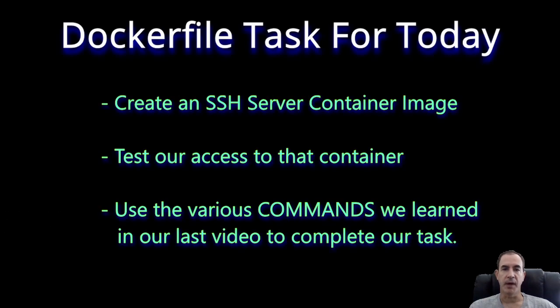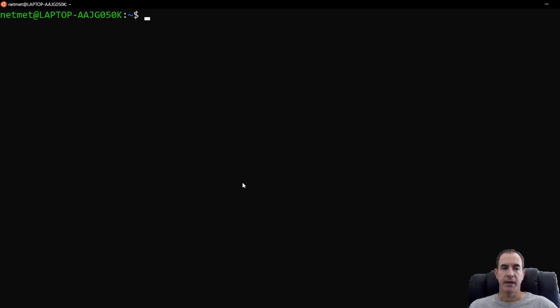So to improve upon that, in this video, we're going to create that container from a base Ubuntu image and put everything we need in it so that every single time that container is instantiated, we have everything we need.